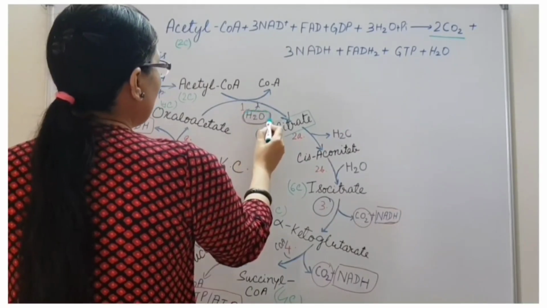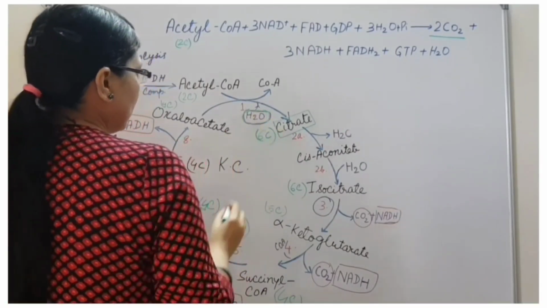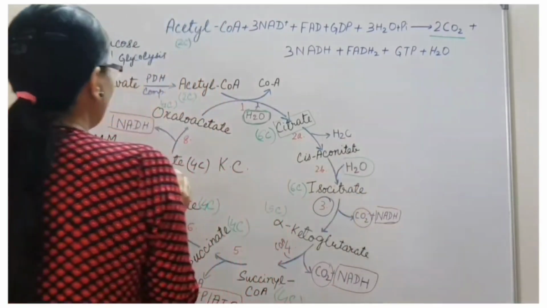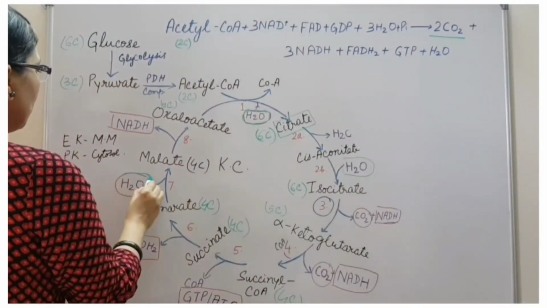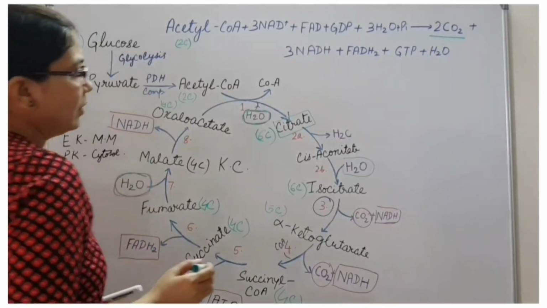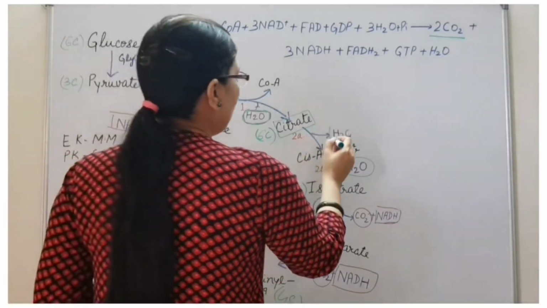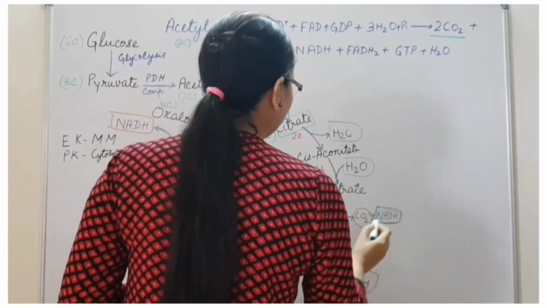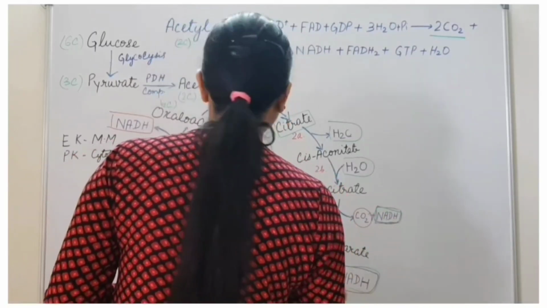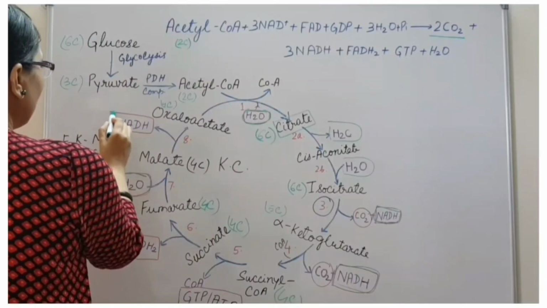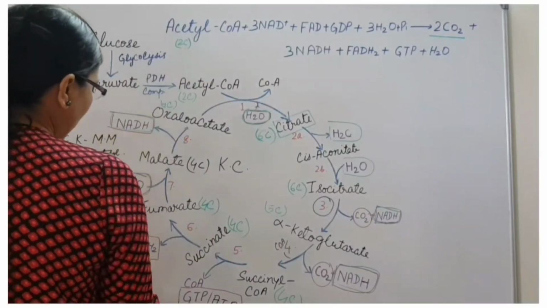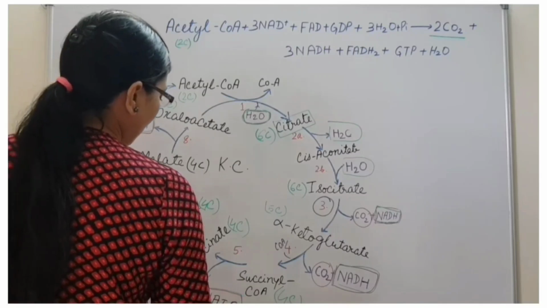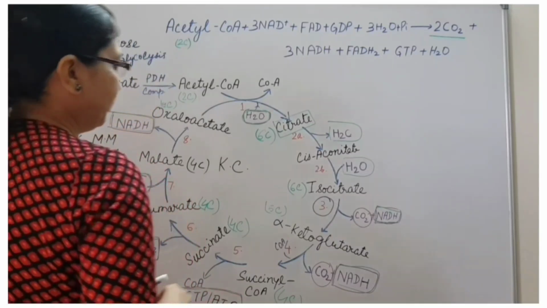Water molecule is used at 3 places: 1, 2 and 3 places, and it is released at 1 place. We get 3 NADH molecules: 1, 2 and 3, 1 FADH2 and 1 GTP or ATP.